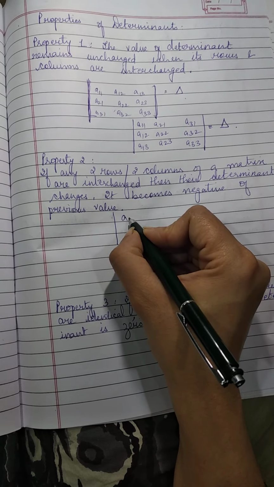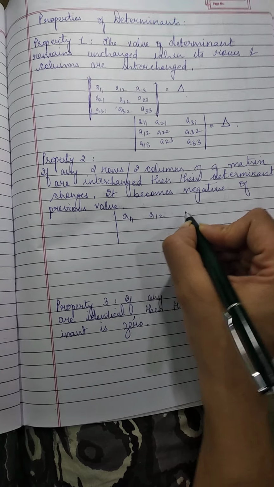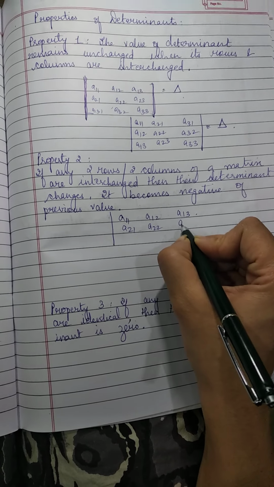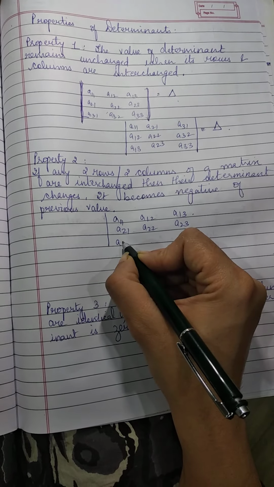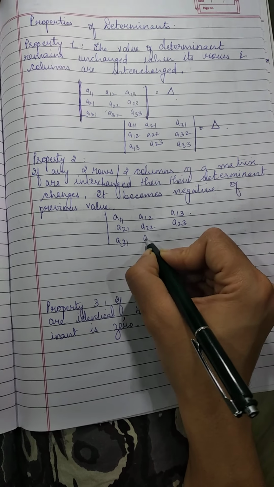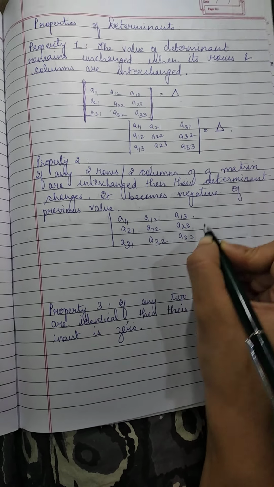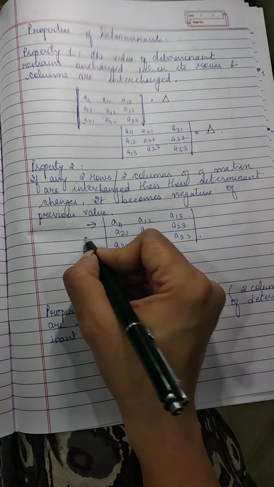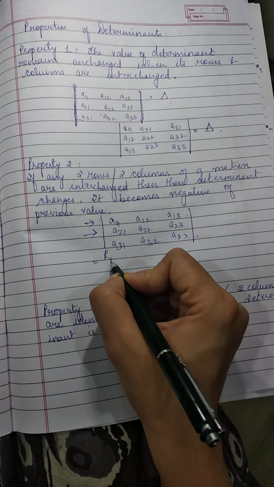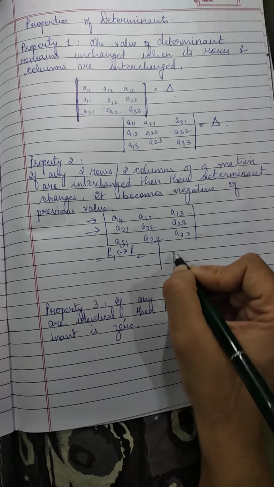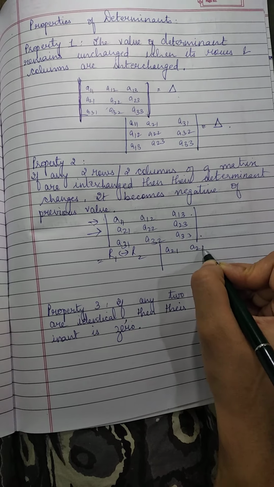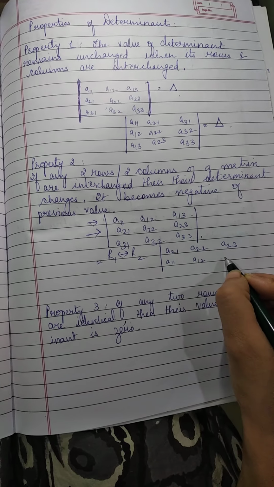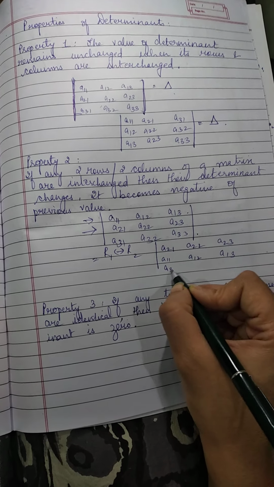If I have a matrix again, A11, A12, A13, A21, A22, A23, A31, A32 and A33, and I interchange R1 and R2, then R1 becomes A21, A22, A23, and this becomes A11, A12, A13, and this as it is.